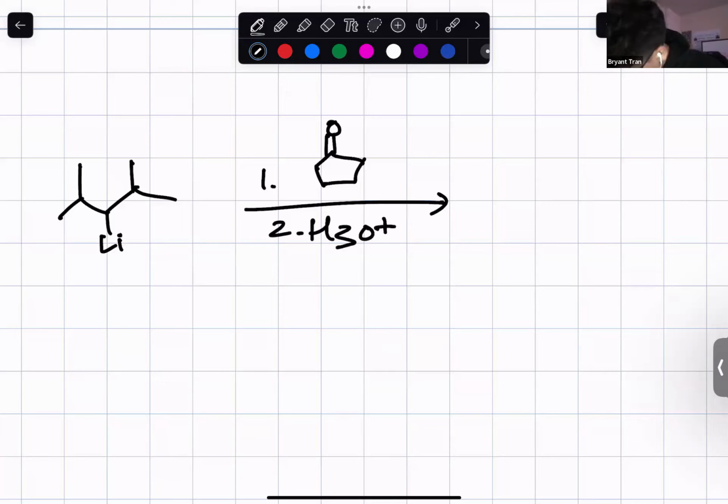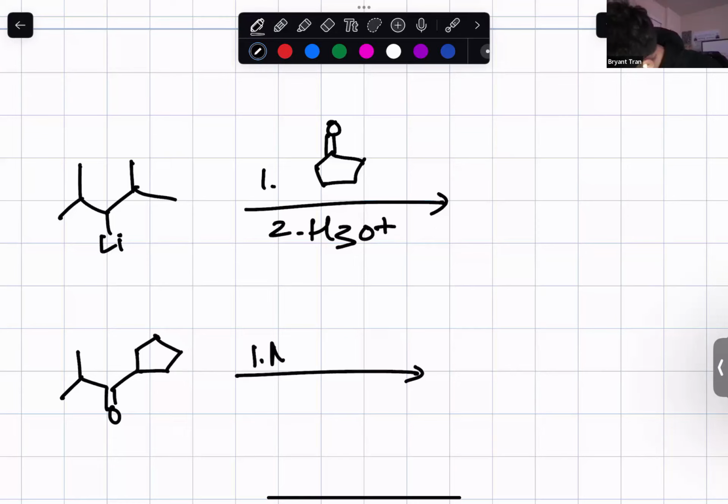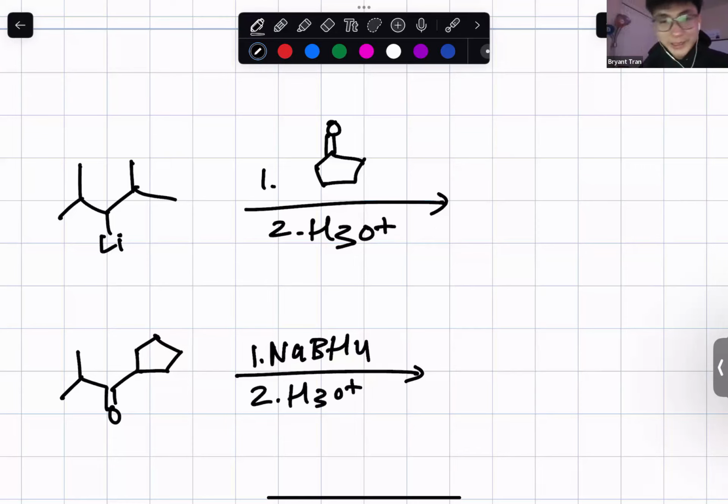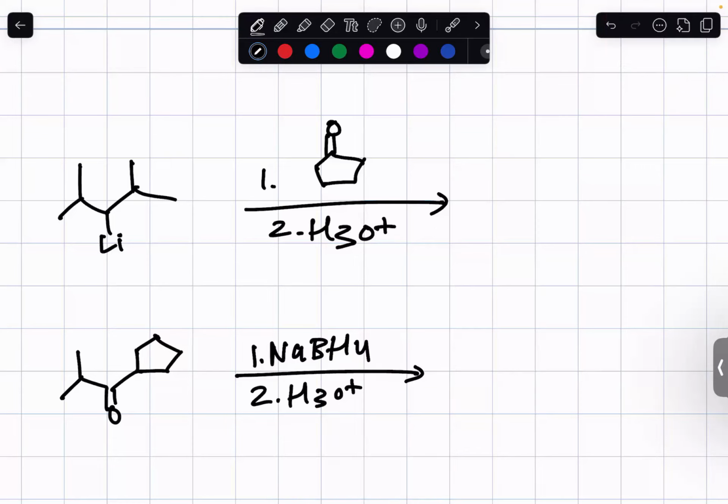Try these two, and then we'll be done for today.